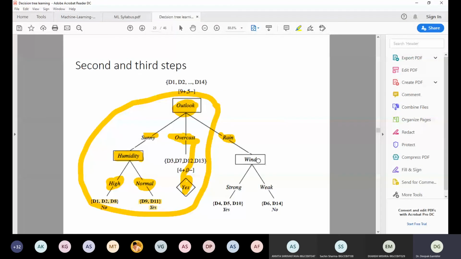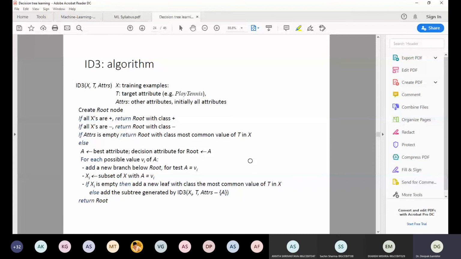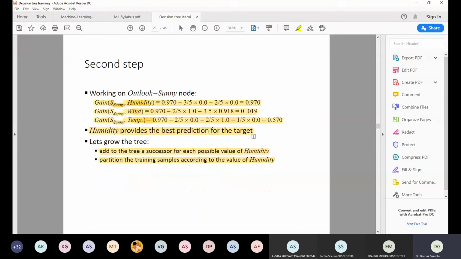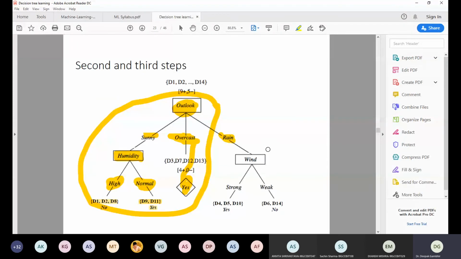And if you compute with the wind and with the temperature, with the outlook set as rainy, so S rain versus wind and S rain versus temperature, I have not shown it here, but that value is maximum in the case of wind.